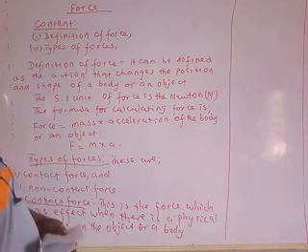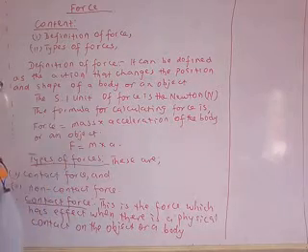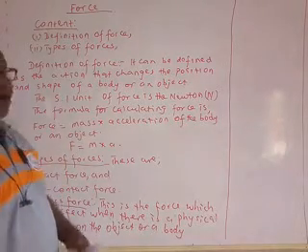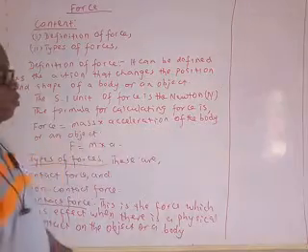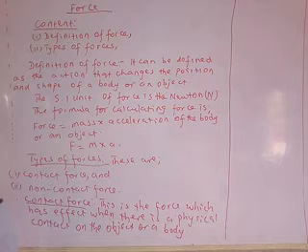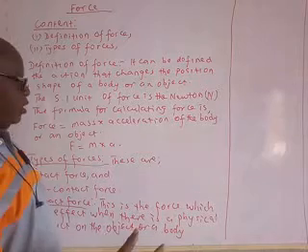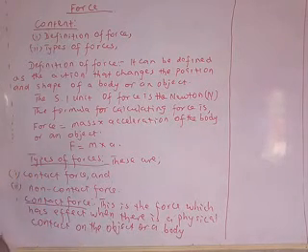Then the SI unit of force, that is System International Unit for force, is the Newton, which is abbreviated as capital N. When we want to calculate the force applied on an object or a body, there is a formula for it.